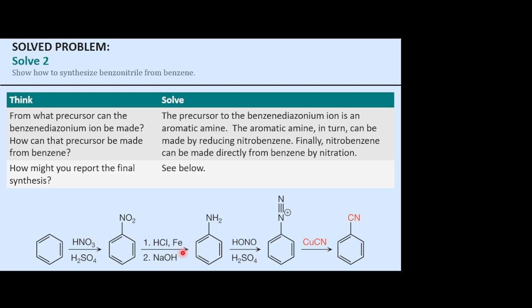This is the same sort of thing. If you left this NaOH off, you'd have the ionic form, the ammonium salt. In this case, it would be NH3 plus up here, and then a chloride with it. And if you tried to isolate it, you could theoretically isolate this as a salt.